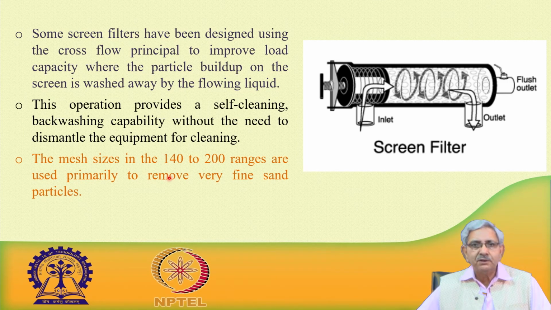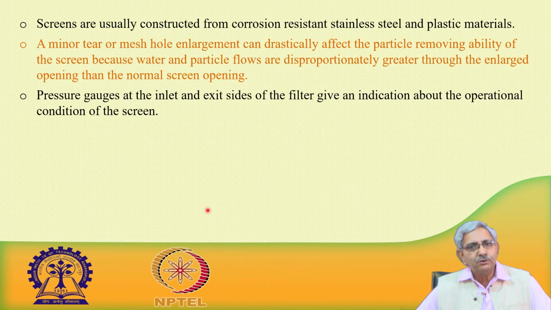So, mesh size in the order of 140 to 200 is good for removal of fine or very fine sand particles, but if there are coarser particles, then a larger opening, a mesh size of 80 or even 100, is also used.